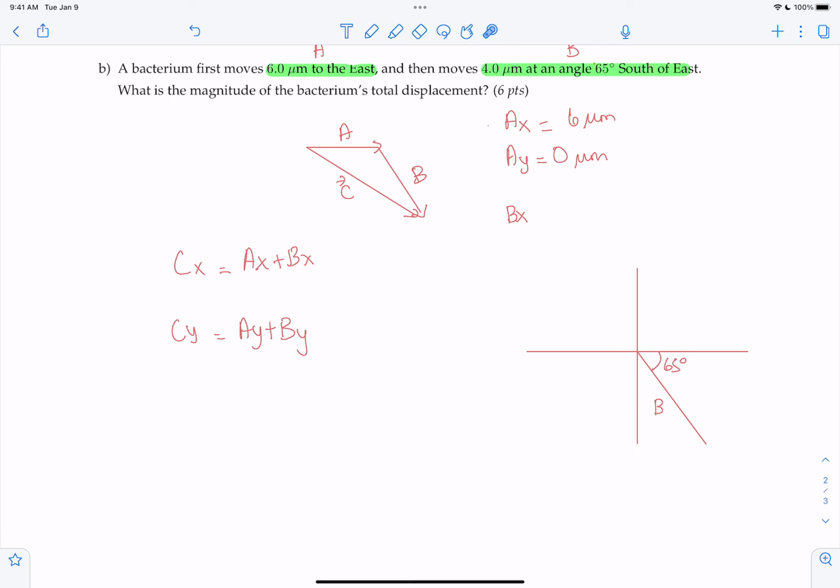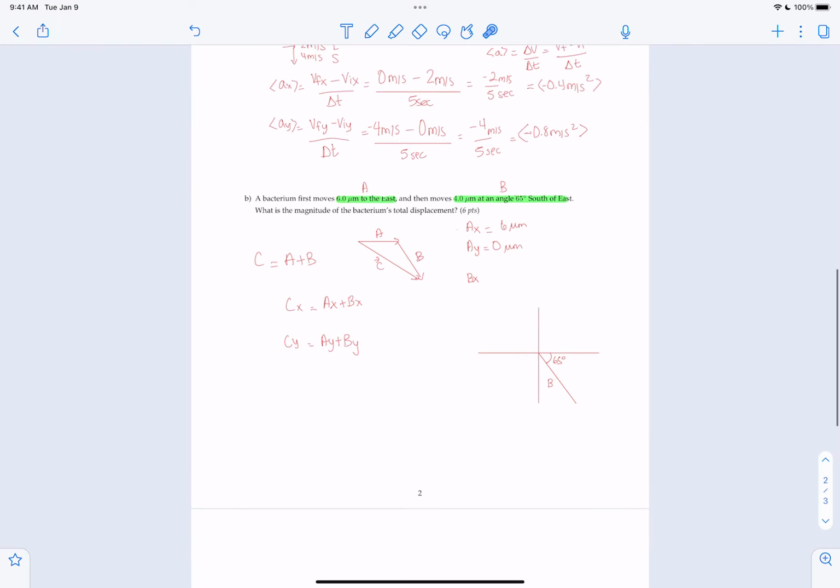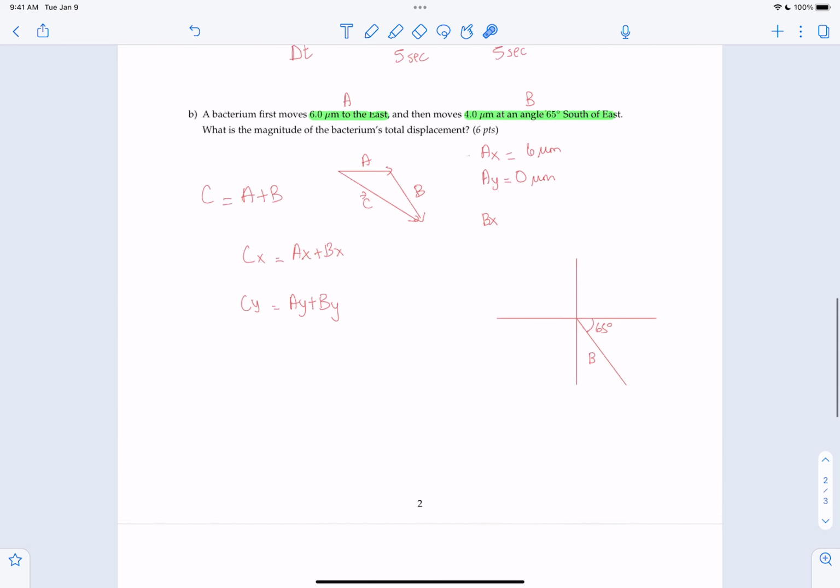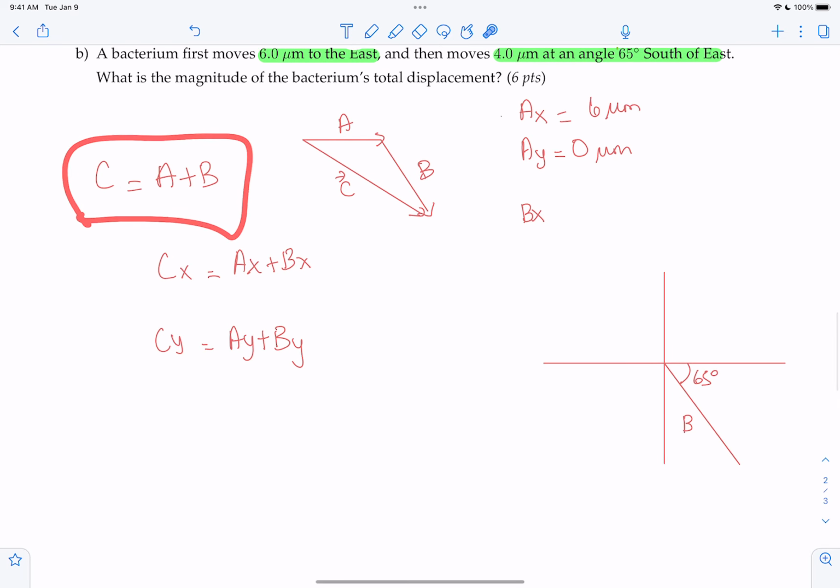In the same way that we think about vector addition, a plus b, the resultant vector would be c. So overall, c is equal to a plus b vectors, right? And if you remember the other problems and the problems from the homework, that's just the vector addition, or the way that we describe it using vectors.